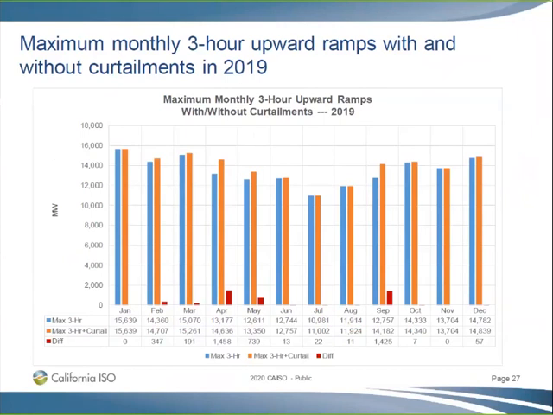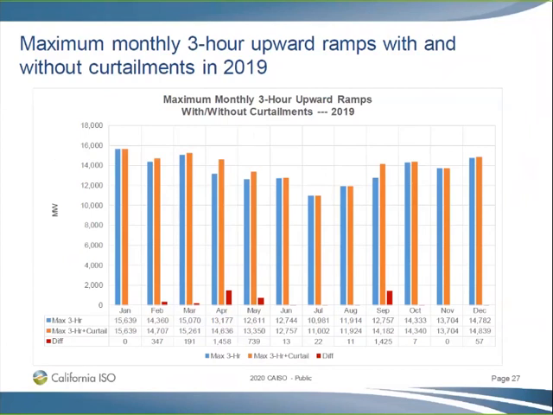So when we look at the 3-hour ramps on any given day, what we showed on the previous slide is the expected 3-hour ramps without curtailments, because there's no way you can predict the days you're going to curtail in the subsequent year. So in 2019, we went back and looked at the days we curtailed, and actually this is looking at every 5 minutes when we curtailed.